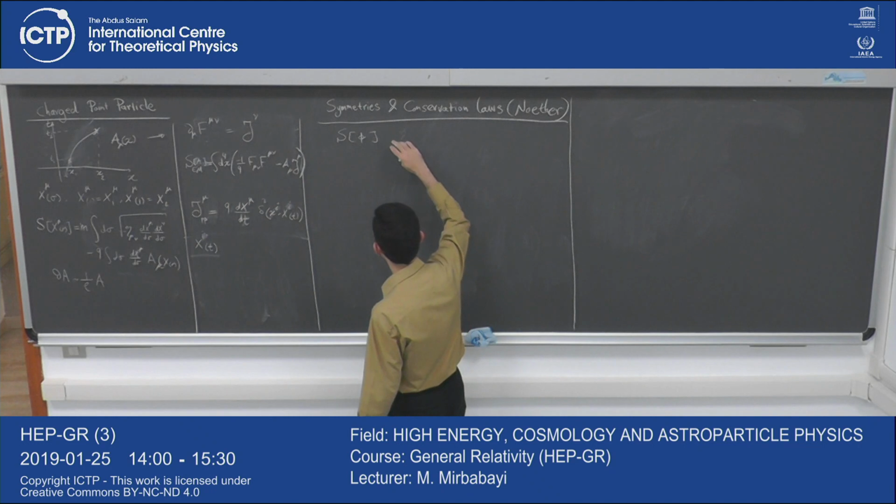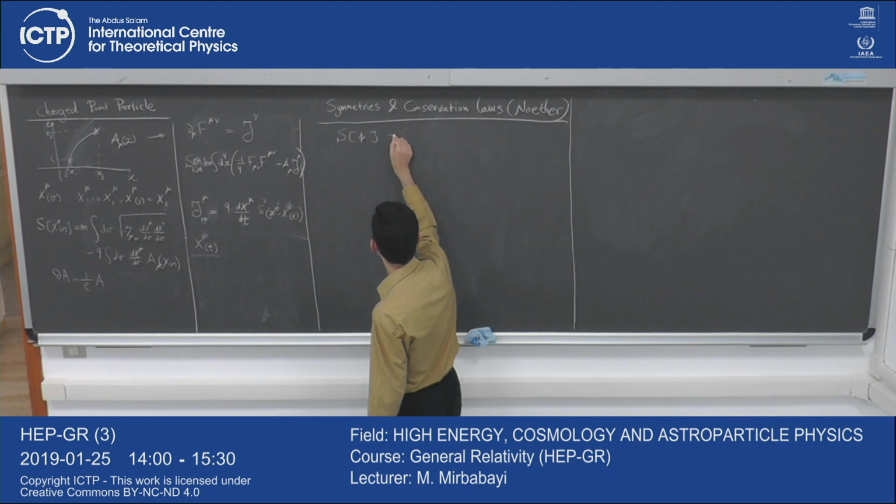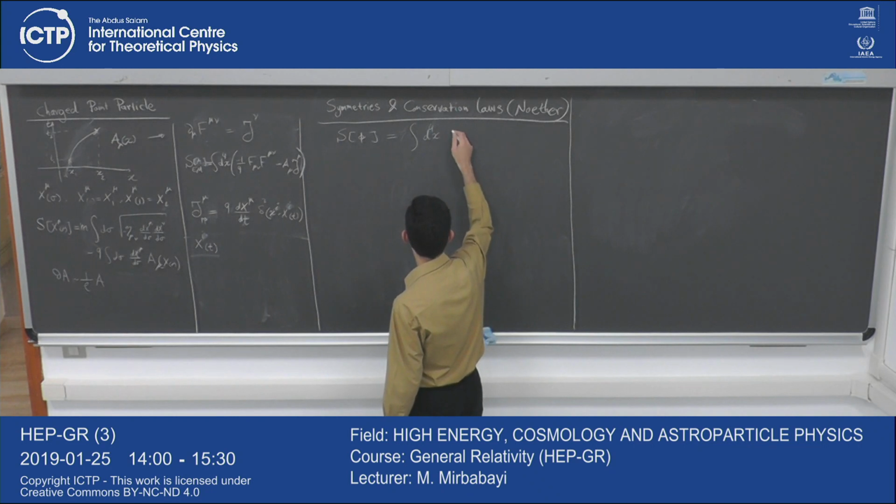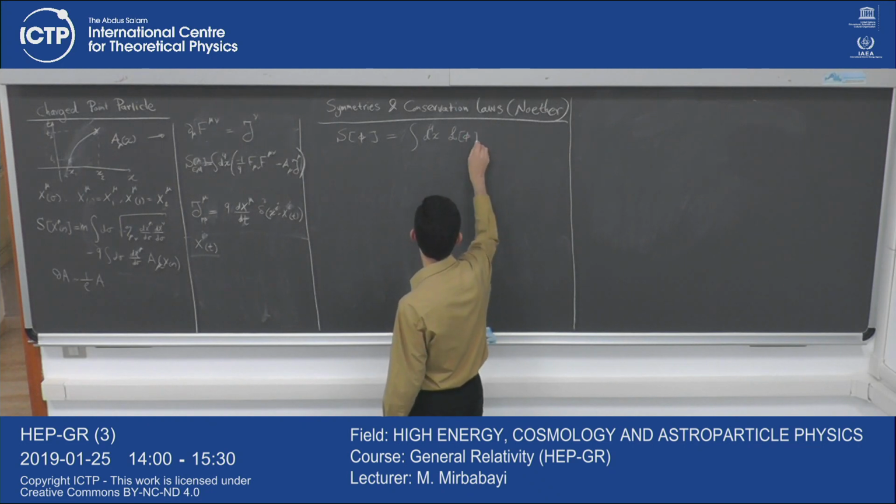Now this is just an abstract notation. We know that if we have a field theory, we describe it by an action which is written as the space-time integral of a Lagrangian density L of phi.